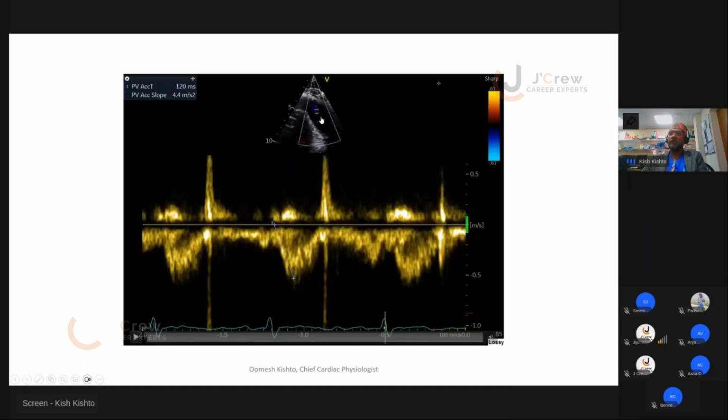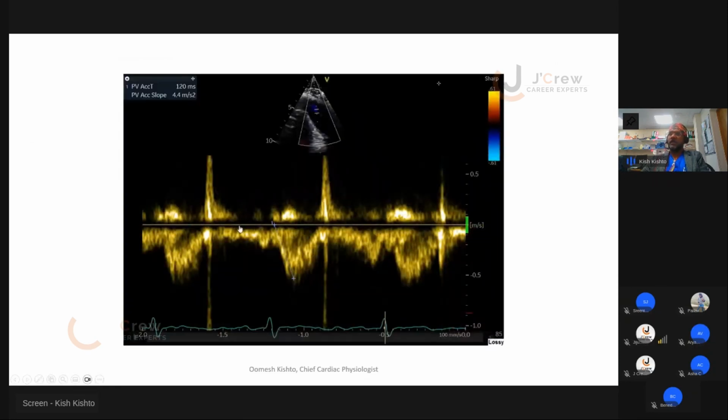So then we did the PW and look at the acceleration time. So again, like I said, less than 105 is plus elevated PA pressures, and anything above that's normal.